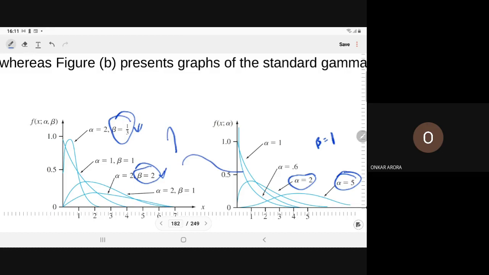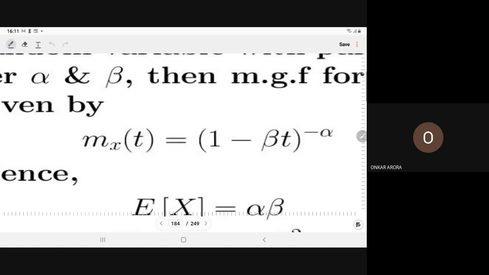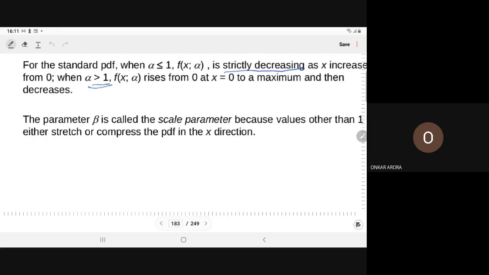Clear? Yes, sir. So beta defines whether the PDF is a stretched one or a compressed one in the x direction.